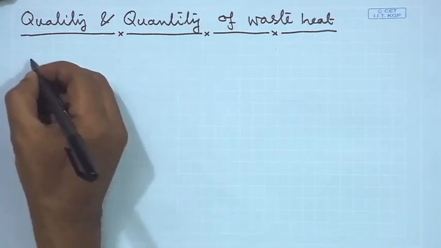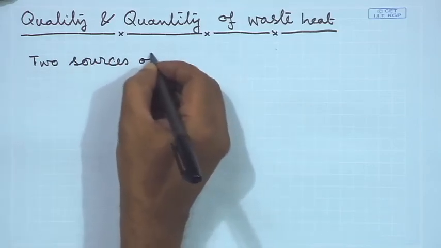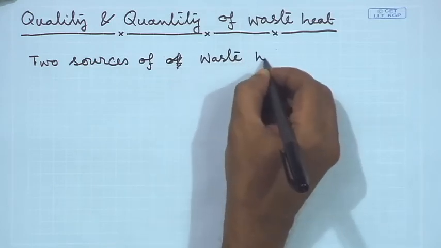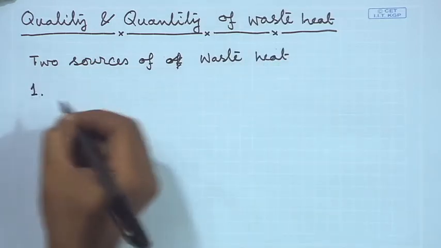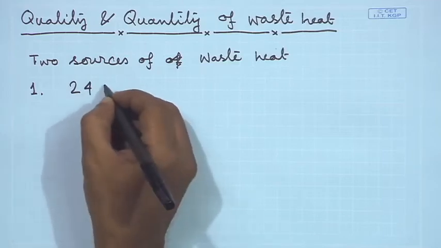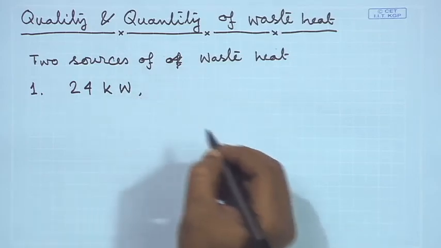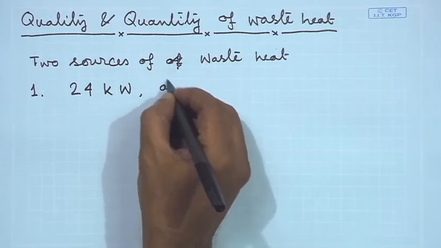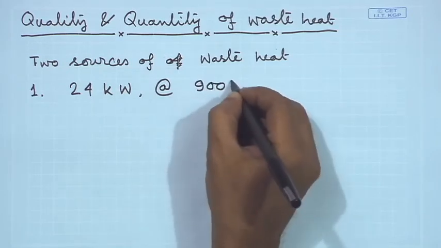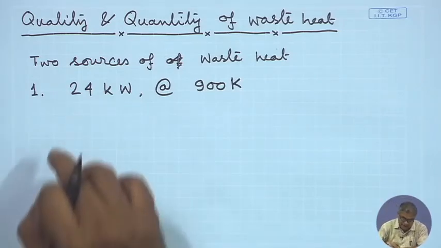Let us say two sources of waste heat. One, let us say the amount of waste heat we are getting is 24 kilowatt, and we are getting it at a temperature of, let us say, 900 K. So, we are getting 24 kilowatt at 900 K, that is the first source.